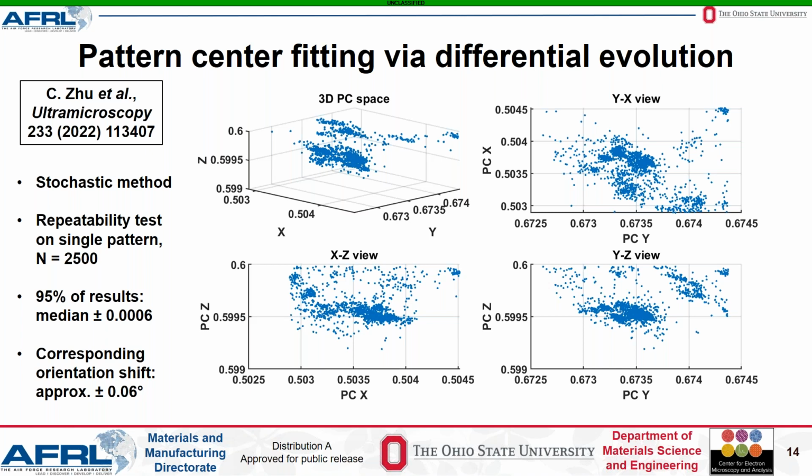The final consistency in convergence of the pattern center proved to be about 0.06% of the detector screen width, with a corresponding potential orientation error of very roughly plus or minus 0.06 degrees from imprecision in the pattern center fitting, which is thankfully on the order of the noise floor for spherical harmonic indexing.